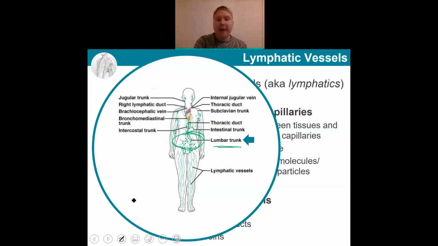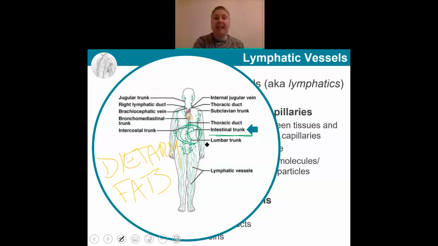So we have the lumbar trunk. It supplies the lumbar region of the body. We also have the intestinal trunk, so it supplies the intestines of the body.